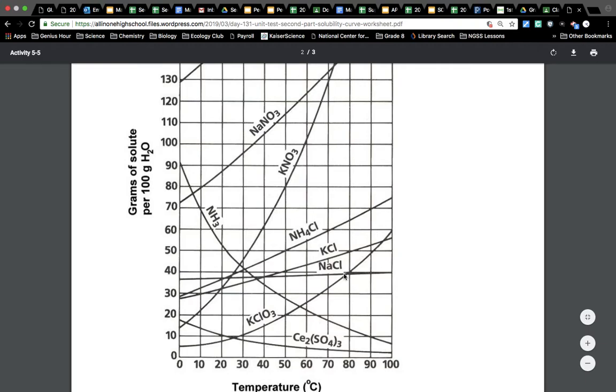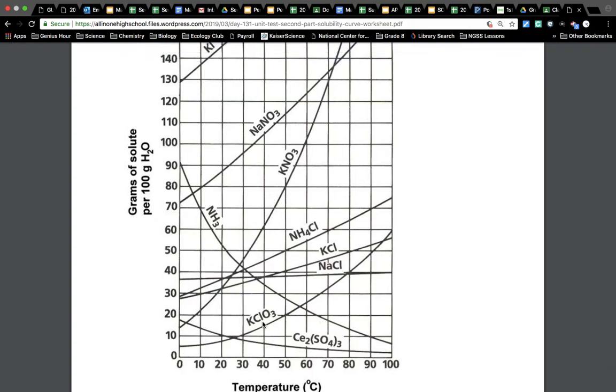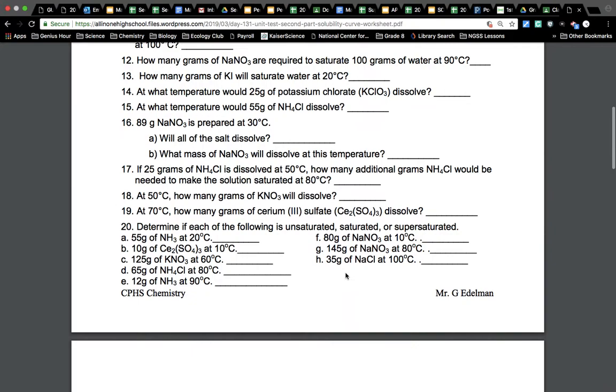These two lines intersect right here. So what's this? KClO3, that's potassium chlorate. I hope you know these names. Potassium chlorate and sodium chloride. They both intersect around 78 degrees. And they both have roughly about 39 grams at 78 degrees Celsius.